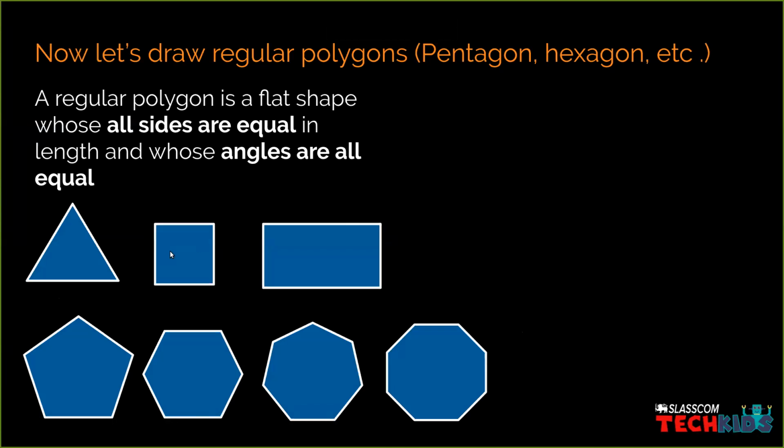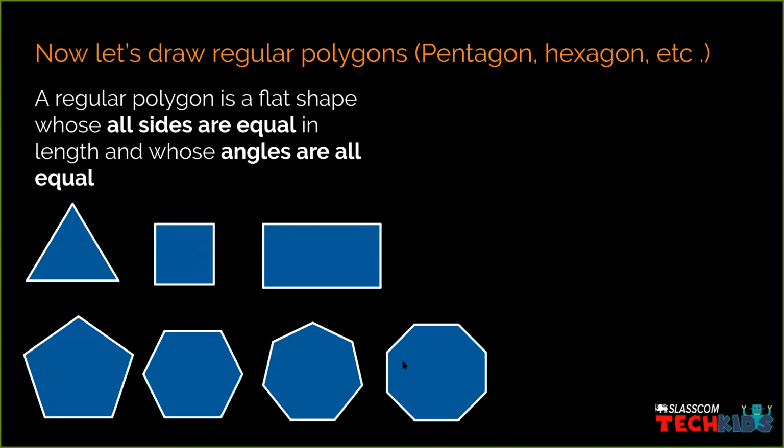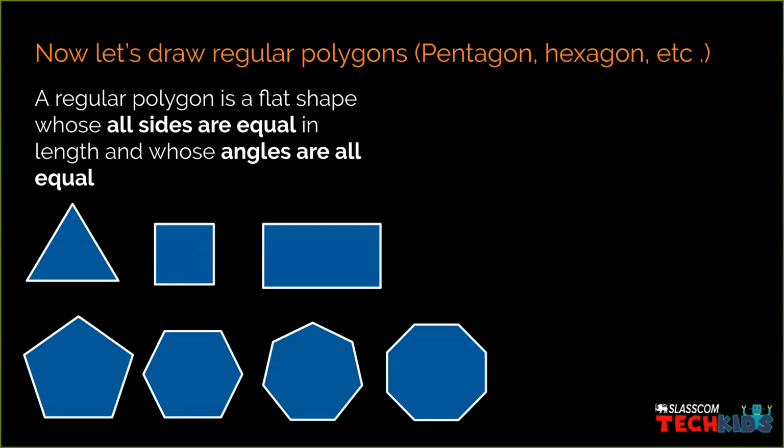These ones we have already tried out: the equilateral triangle, square, rectangle. So now we can try drawing a pentagon or hexagon or heptagon, octagon, any other complex polygon. You can draw using Scratch and you can program your beetle or your cat or whatever sprite you're using, you can make them draw it.